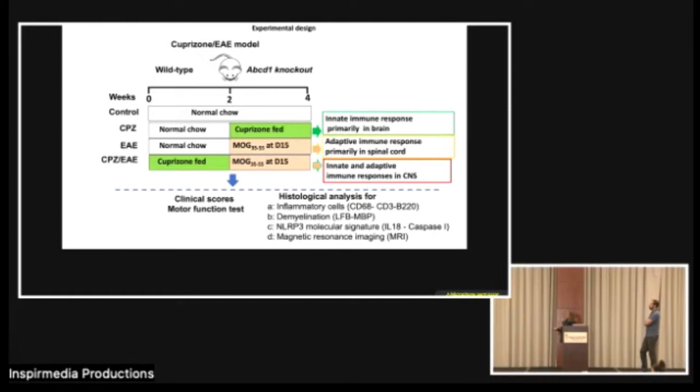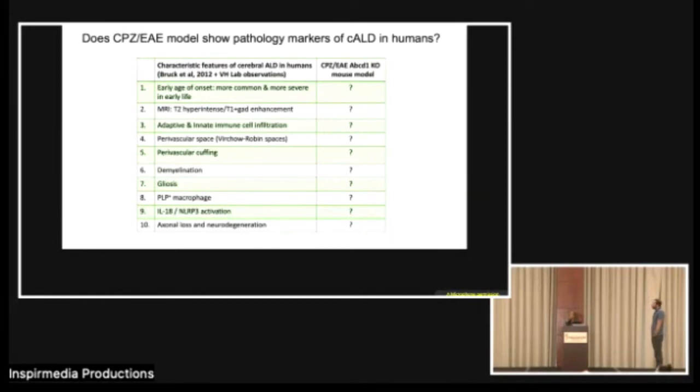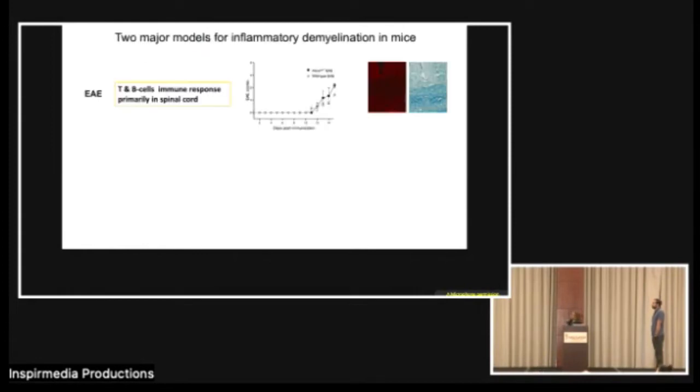We do several stainings to find adaptive immunity, innate immunity, and demyelination, and we also do MRI to see if this model is similar to human cerebral ALD. We don't know yet about this model. All of this is from humans; this is a question about this model. We go step by step to see if this model matches.